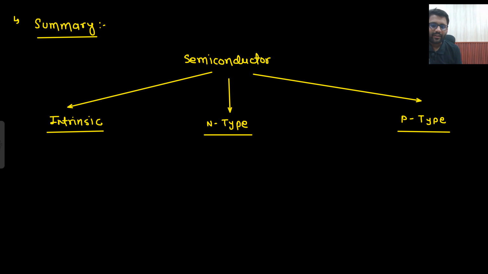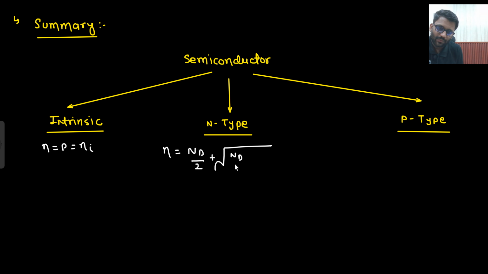For intrinsic types of semiconductor, number of electrons is equal to number of holes is equal to Ni. For n type semiconductor, number of electrons comes out to be Nd by 2 plus under root Nd by 2 whole square plus Ni square, and number of holes comes out to be Ni square by n.